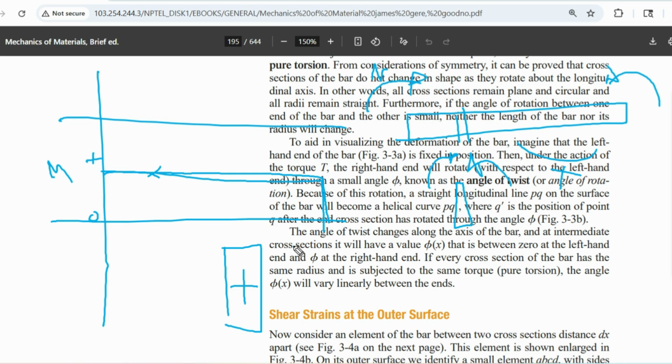This little slice is going to look like a smiley face. On the right side we're going to have a positive moment, and on the left side a negative moment, via the right-hand rule.